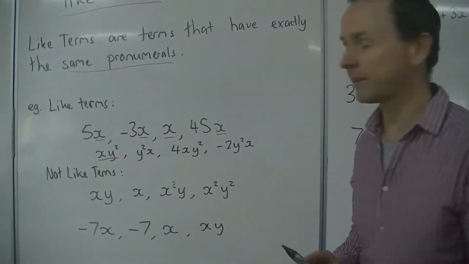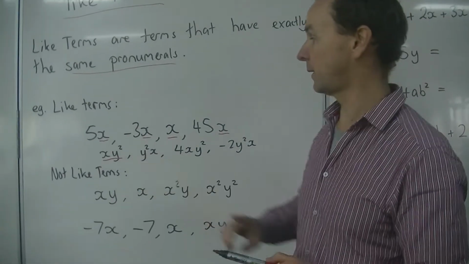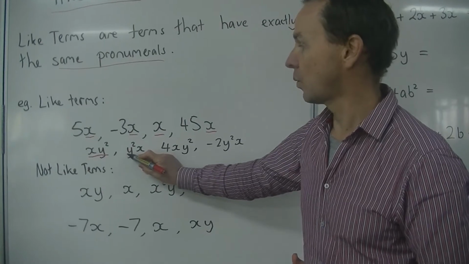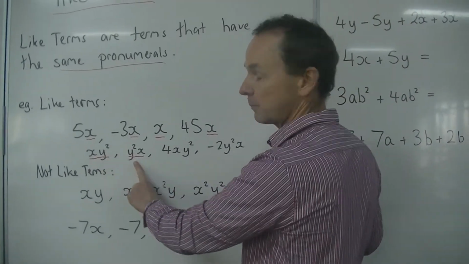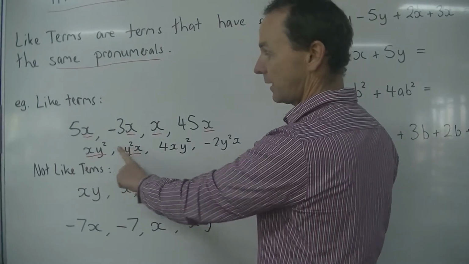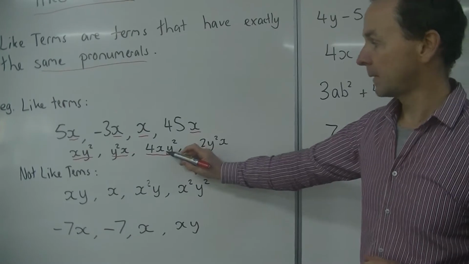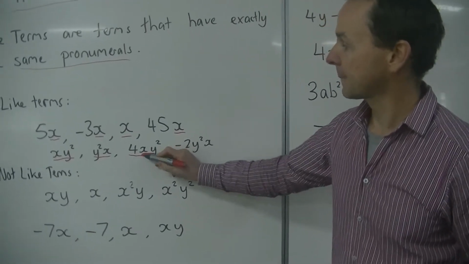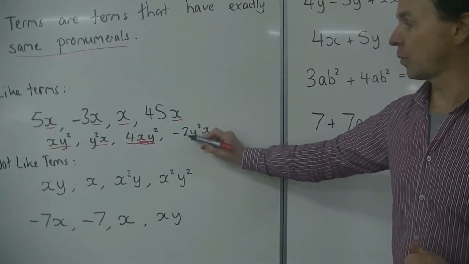Let's have a look at the next one. xy squared. So that's a term still. It's x and it's y times y, so y squared. And if you have a look at the next one, y squared x. We've written it in a different order, but it's still exactly the same term as that. So it's y squared and it's got a single x. 4xy squared, because the term bit is xy squared, and here minus 2y squared x.